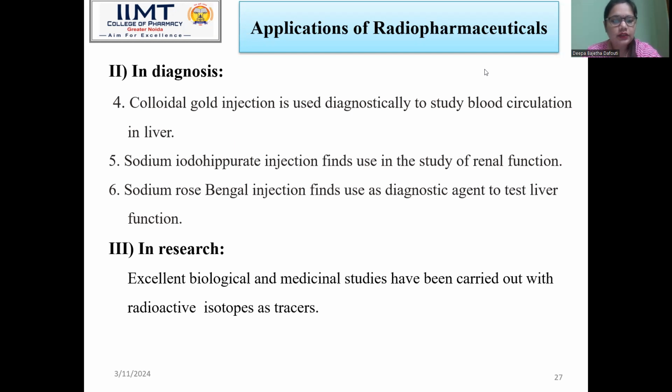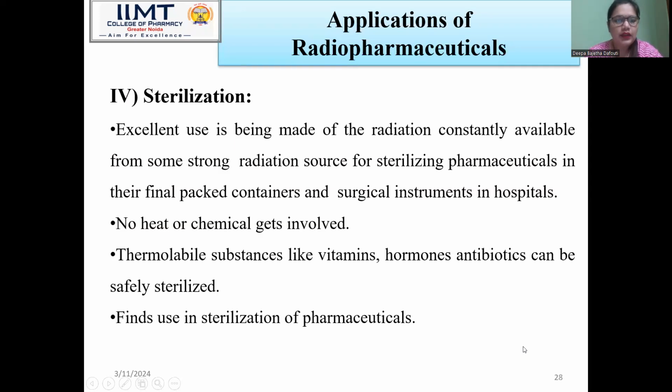And in research, excellent biological and medicinal studies have been carried out with radioactive isotopes as tracers. In sterilization, radioactive pharmaceuticals use radiation constantly available from a strong radiation source for sterilizing pharmaceuticals in their final pack containers and surgical instruments in hospitals.